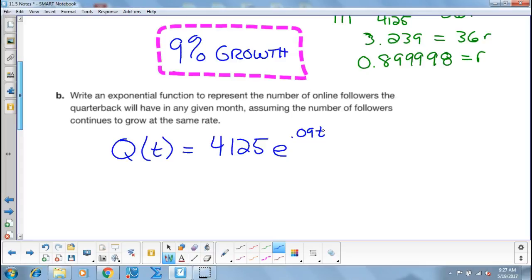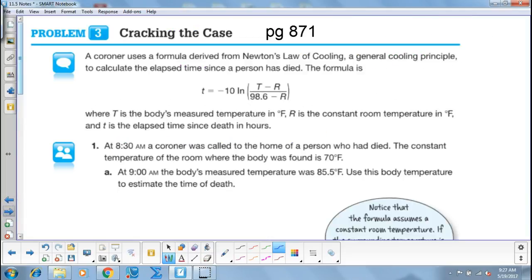Why did I go with 4,125 instead of 105,326? Yep. So 105,000 was after 3 years. 4,125 is what we started with when she got hired. So that would be any month that she has. Okay? With me?